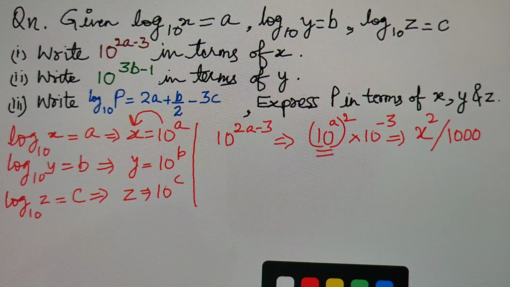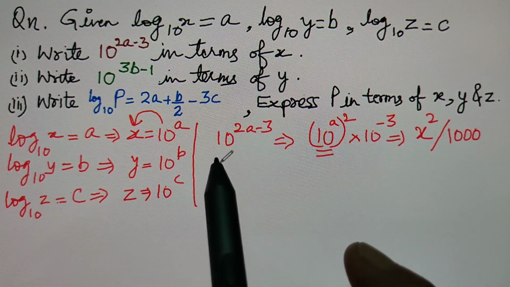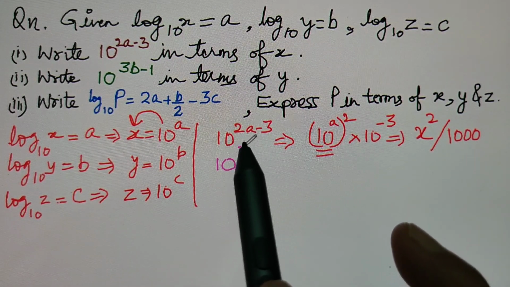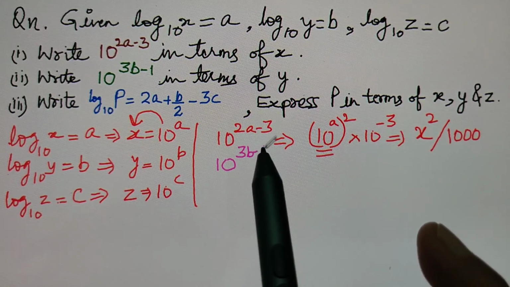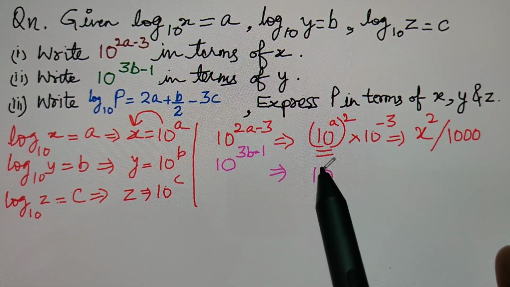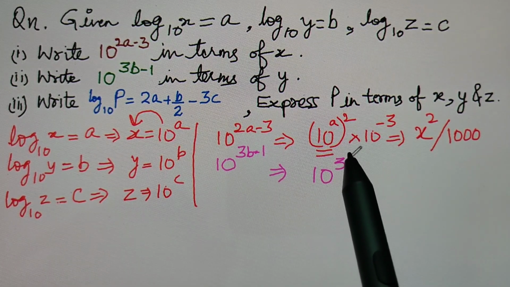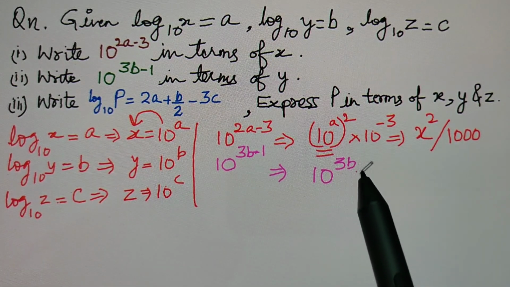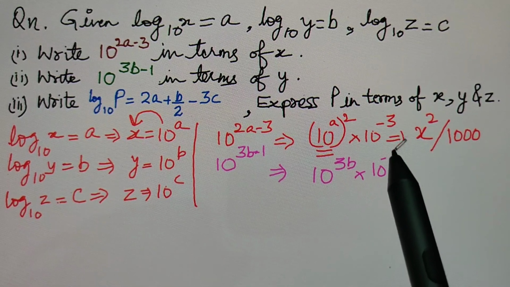Now let us see the second part of the question where we have 10 to the power 3b minus 1. Now this can be written as 10 to the power 3b into 10 to the power minus 1.